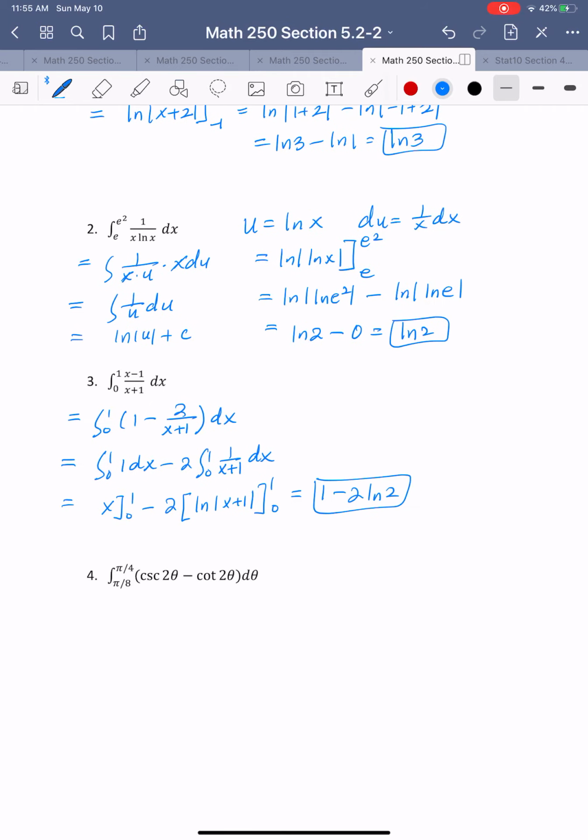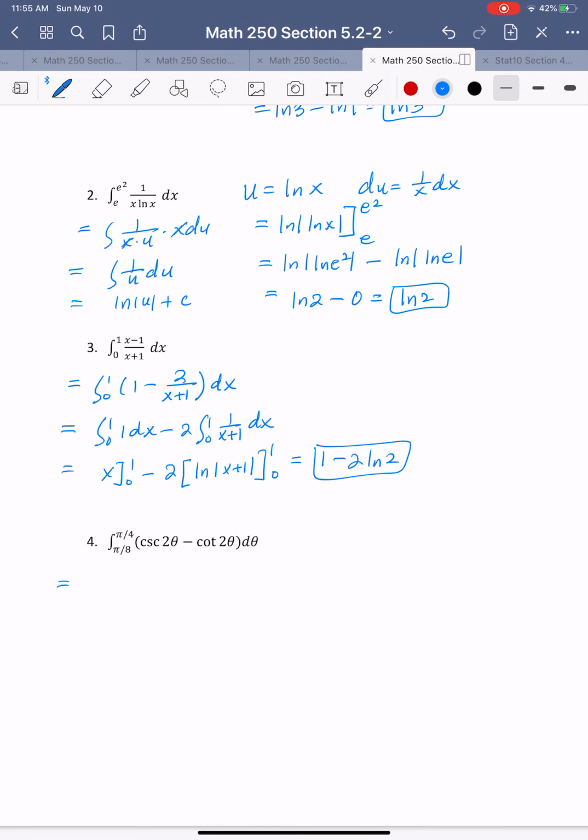For the third one, this one I'll show you how to change that, actually use a u. So let's say u is 2 theta, which means we have to change the limits, from theta, pi over 4, to the u.